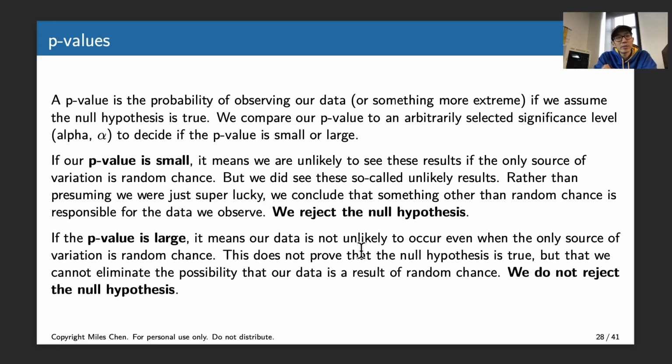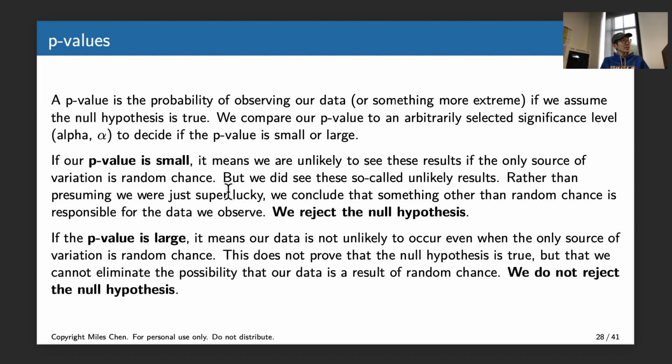And so you say, well, if the probability of getting our data, if the null hypothesis were true, is small, it means random chance is unlikely to produce these values. And so the fact that we actually do have these values indicates to us that our null hypothesis is wrong, right? If the null hypothesis were true, it should be almost impossible to get my data here.